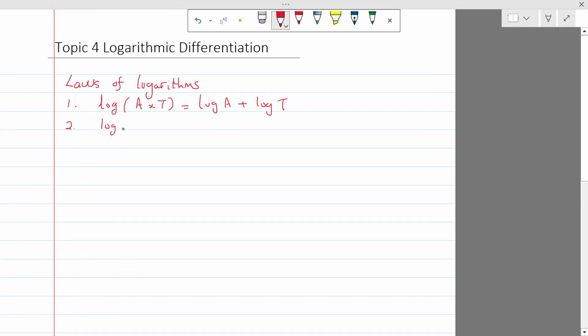If I tell you log of x over y, it's a division, then I'm going to subtract: log x minus log y. And if I tell you log of a to the power n, this is equivalent to n log a.